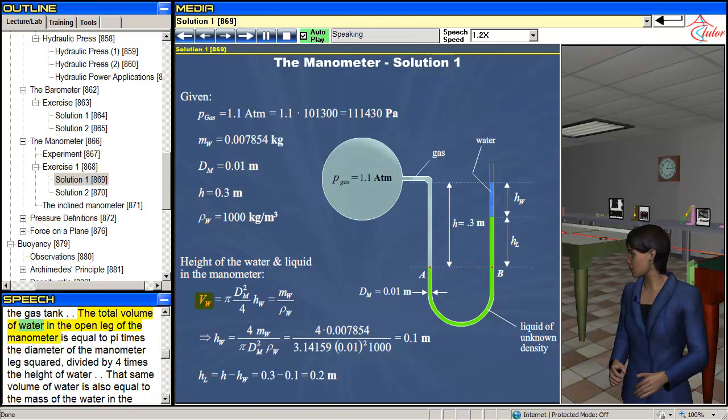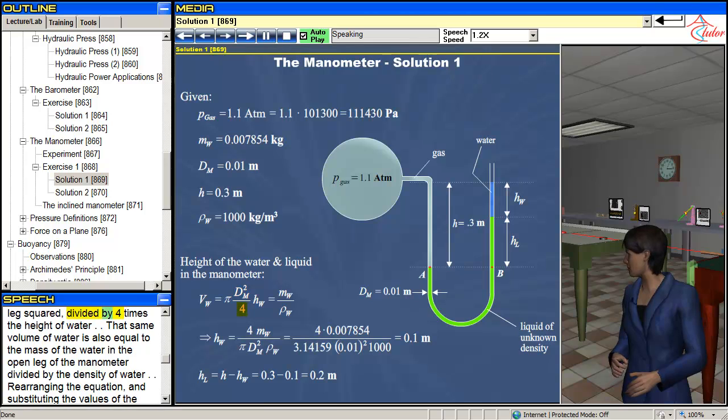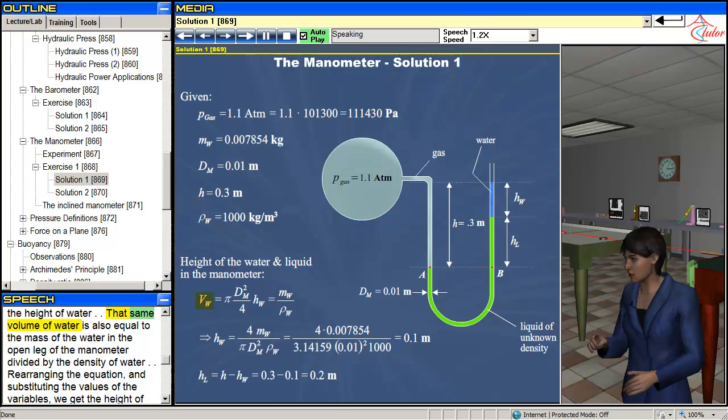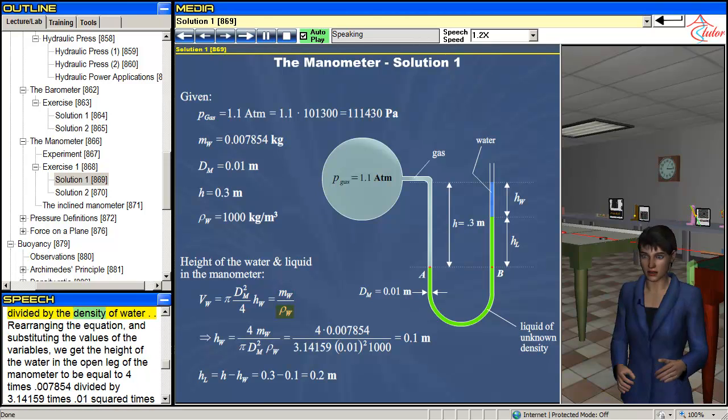The total volume of water in the open leg of the manometer is equal to pi times the diameter of the manometer leg squared divided by 4 times the height of water. That same volume of water is also equal to the mass of the water in the open leg of the manometer divided by the density of water.